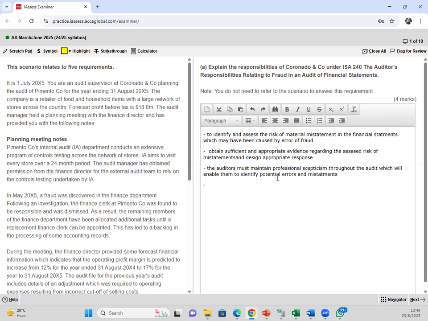So the last responsibility we can talk about is the team. The audit team is a responsibility of the auditor, to ensure that the team they are coming with are made aware of the risks, because we communicate the risks that we have identified.